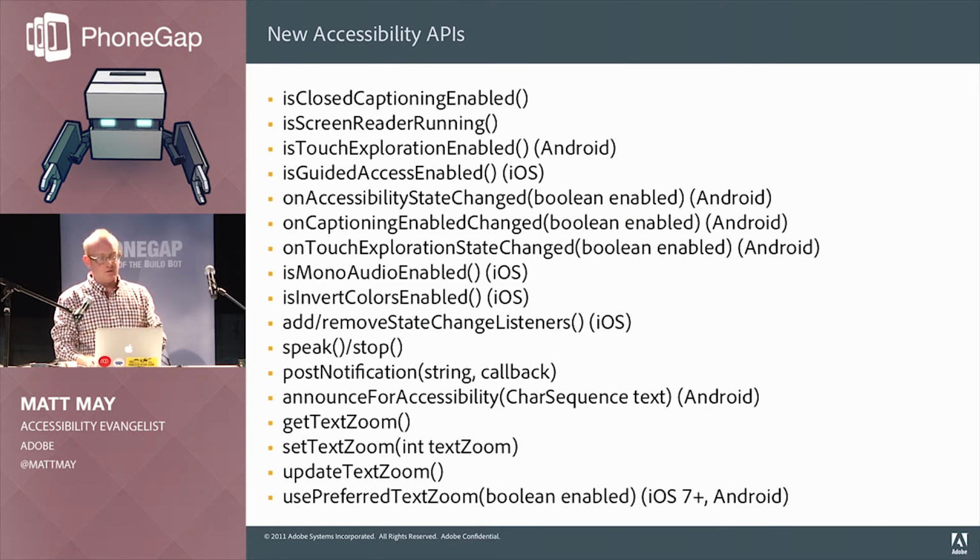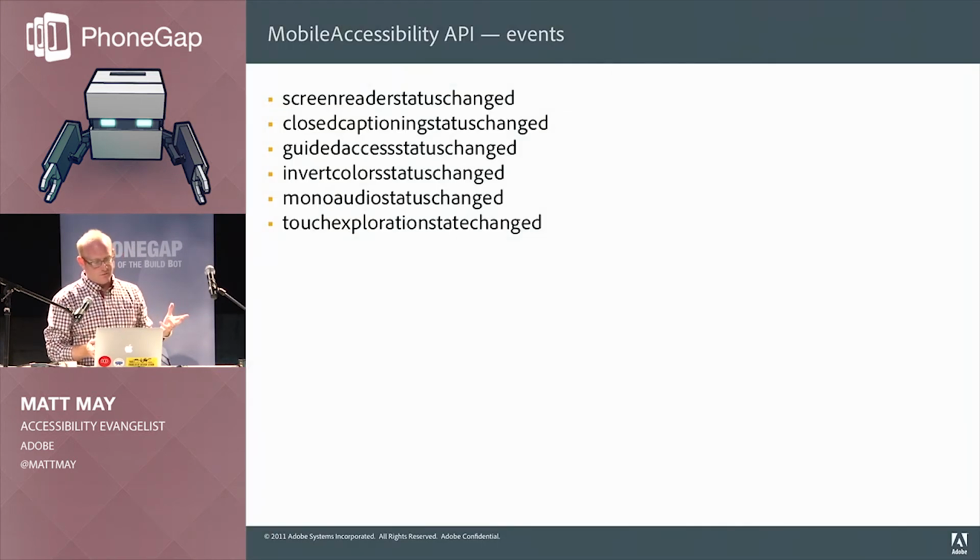Posting a notification, so giving people notification in real time, including announcements. Getting the default text zoom, which is now a part of the core operating systems rather than off in the accessibility section for the reasons I described earlier. Updating it and using the preference that the user has set. And then a handful of different events that bubble up that you can capture to see if the statuses have changed.